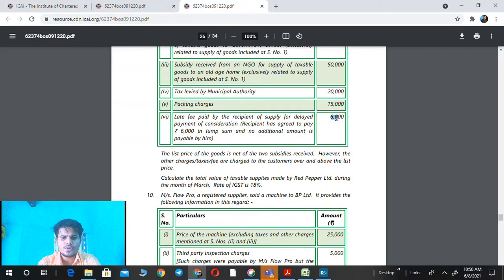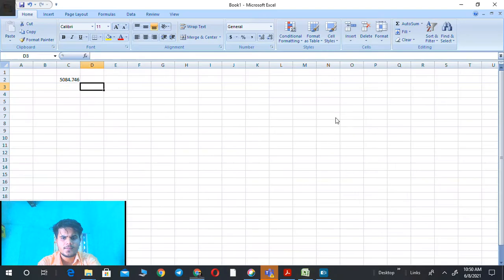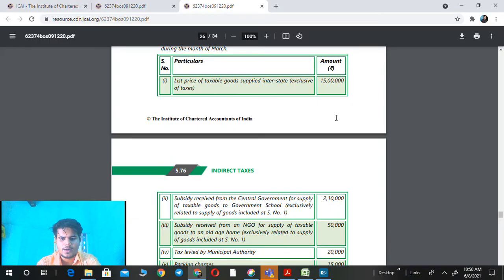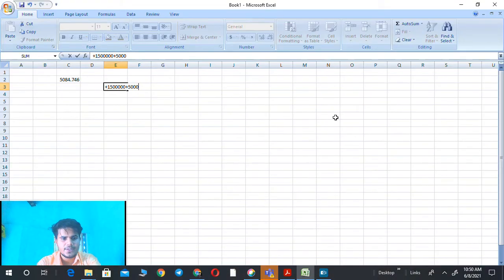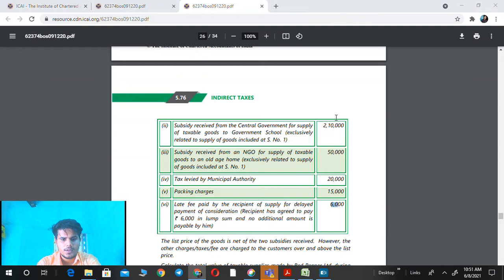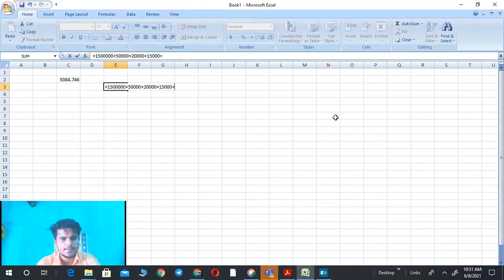Okay, so total transaction price: 15 lakh to be part of the transaction price, 2 lakh 10,000 no adjustments, and 50,000, and tax levied by the municipal authority, packing charges, and 5,084 rounded off to 5,085. Okay, so total 15,90,085 is our answer.